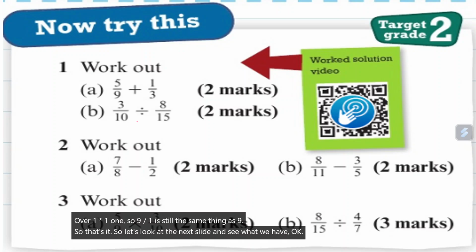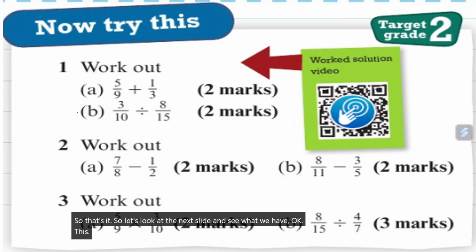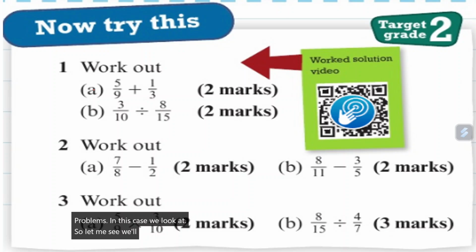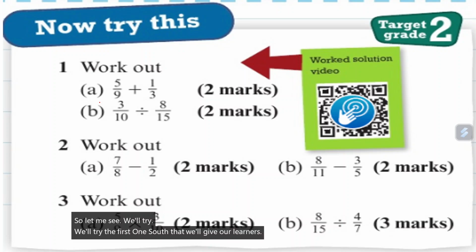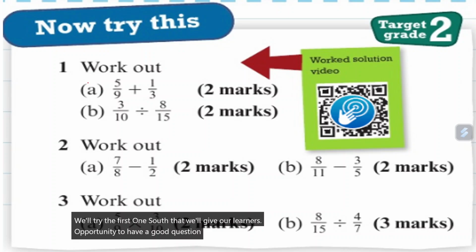These are problems. In this case, we'll try the first one so that we give our learners the opportunity to have a go at the question. So we'll try question 1A.